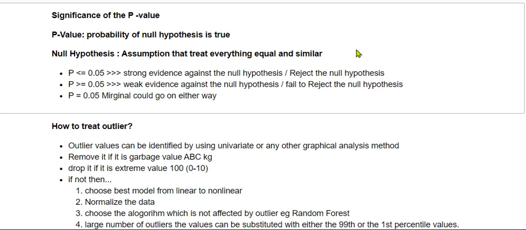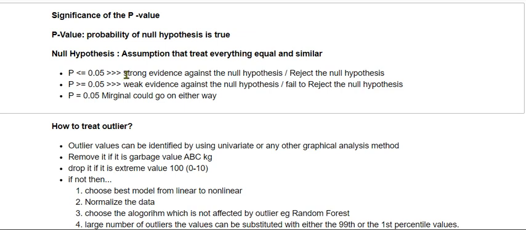You can take one more example of a null hypothesis: the average height of a male is greater than the average height of females. So those can be assumptions, and those assumptions can be called a null hypothesis.